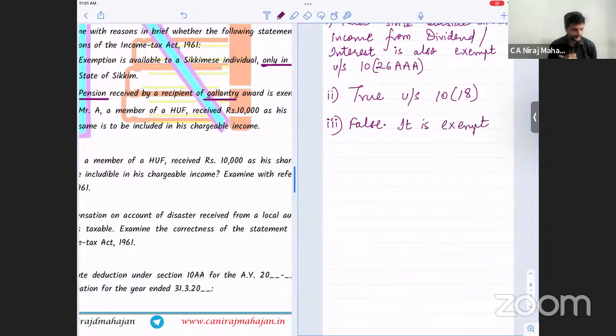It is exempt in the hands of the member under section 10(2). Nice, correct. For HUF, no?